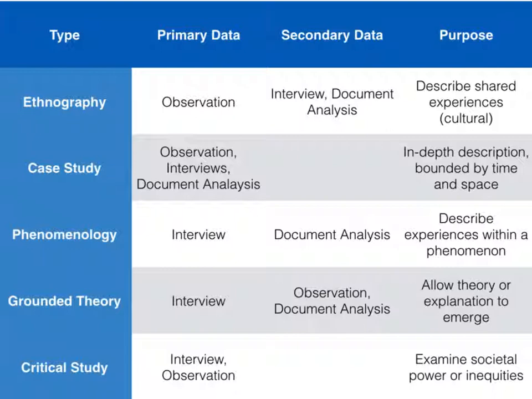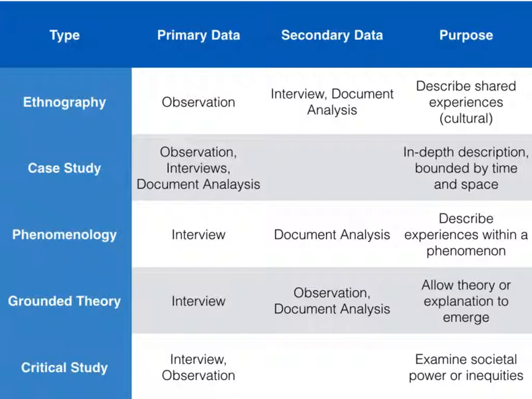Grounded theory, remember, it's a theory that emerges based on the data, so it's grounded in the data. The primary data there is an interview, although observations can also be used really well with grounded theory studies. And then those can be secondary data. Remember that a grounded theory allows the theory or the explanation to emerge out of the data.